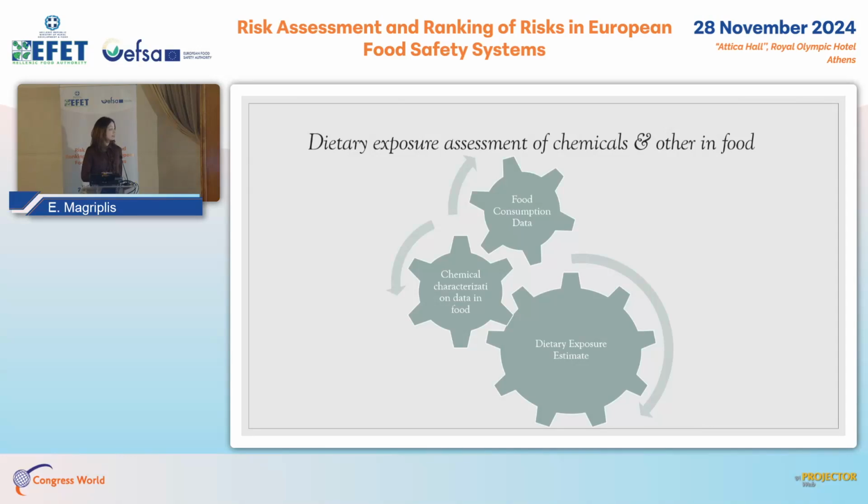So this is the input, and this is what we need to conclude the dietary exposure estimate. Chemical characterization data in food is being done. Processes are being developed and slowly validated. What we also need, to have complete information and be able to accurately define and appropriately prioritize, is the food consumption data.